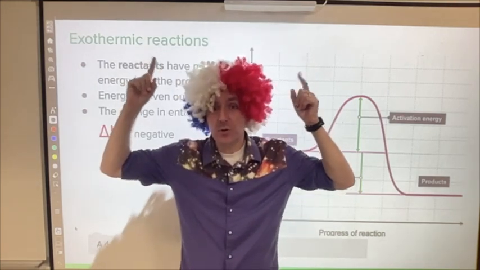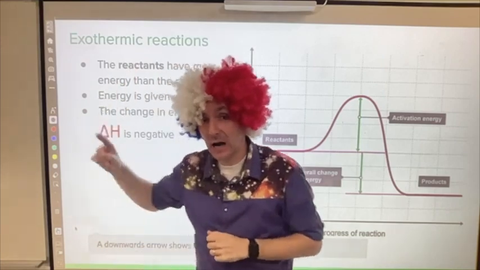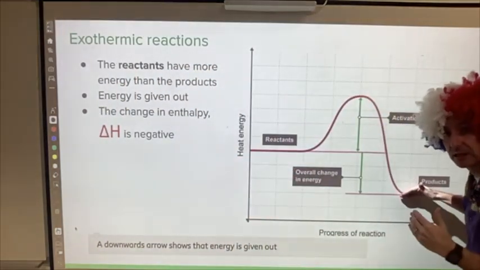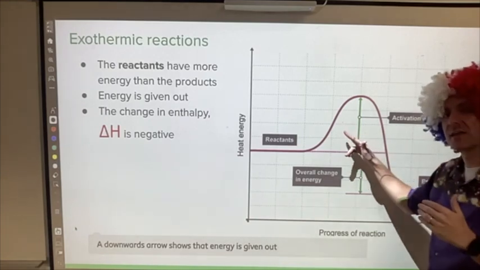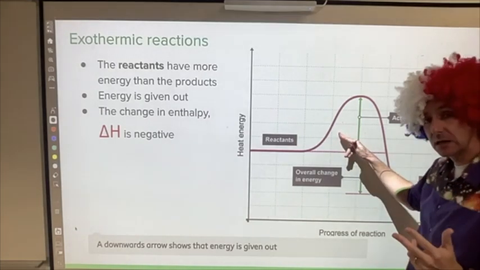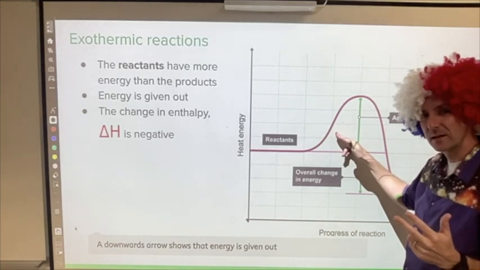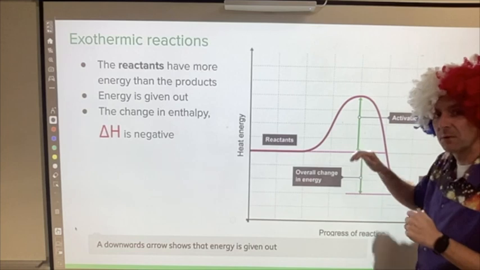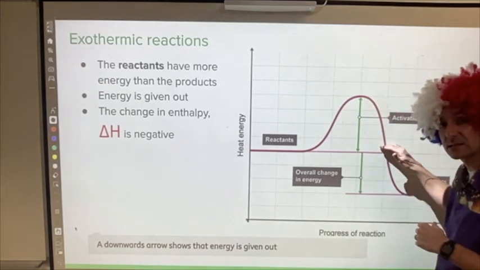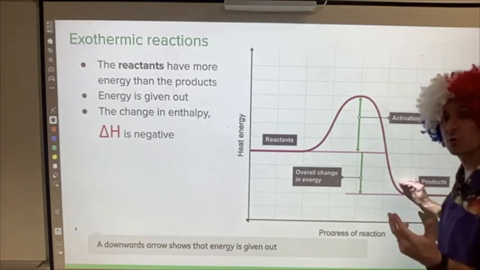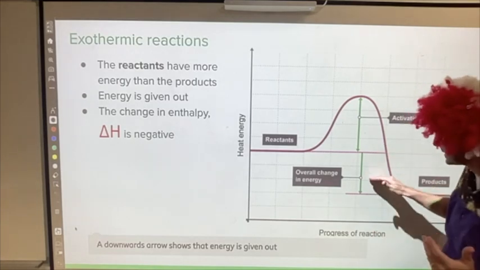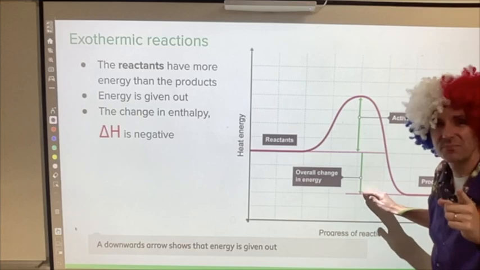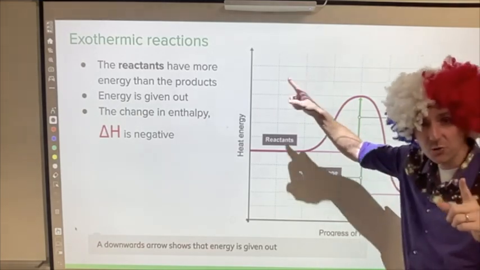It is an exothermic reaction because I'm getting more energy out than the amount of energy I had to put in at the beginning. This activation energy is necessary. That's the breaking bonds part. But then as I form bonds, if the bonds release more energy than came in, this is the change in energy. This is the delta H, negative, exothermic.